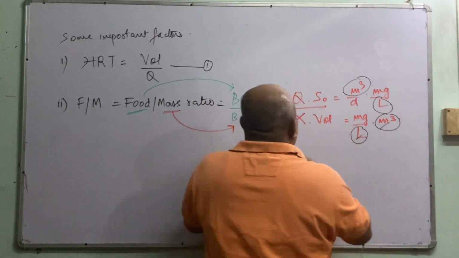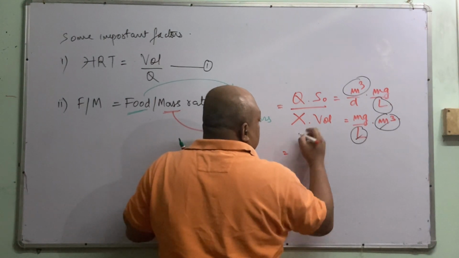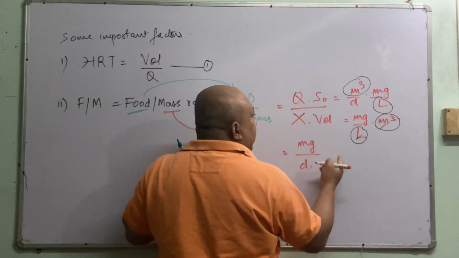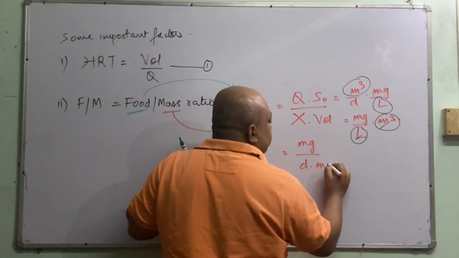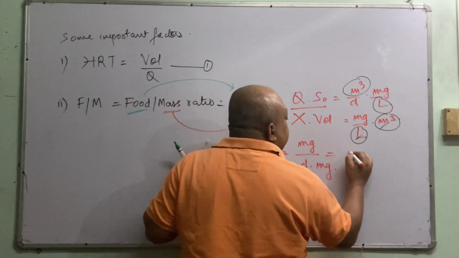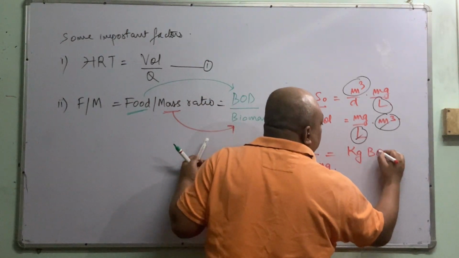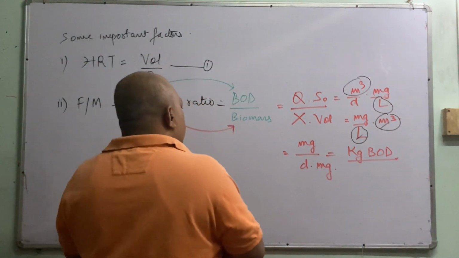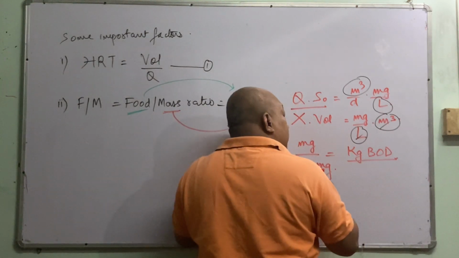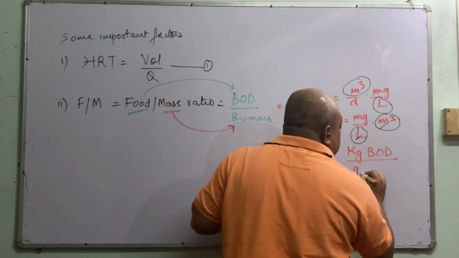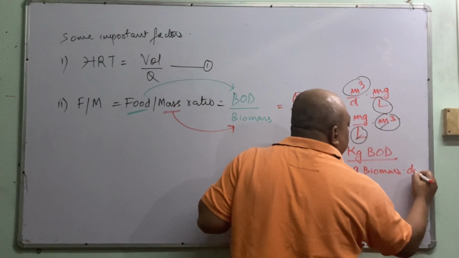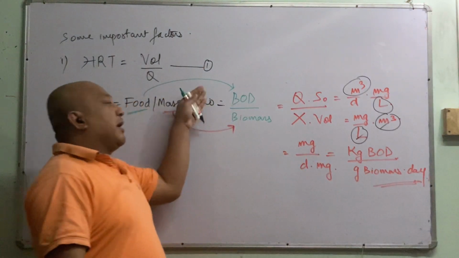What is left is milligram per day per milligram. Instead of milligram, we say kg of BOD per kg of biomass per day. So this is the food to microbes ratio.